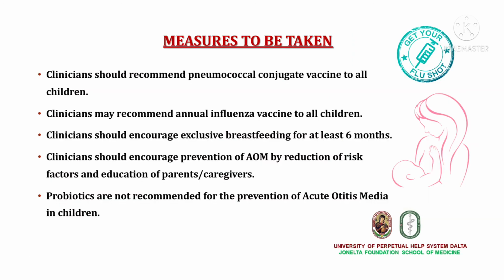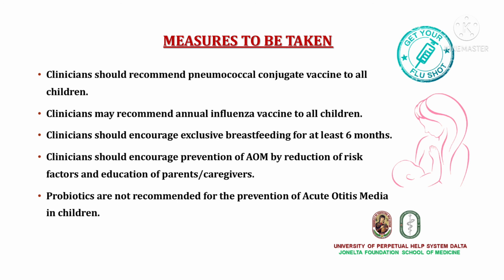So along with the treatment, what are the measures that we have to take into consideration while treating a patient with acute otitis media to prevent recurrence and also to hasten the healing? In this, what we generally do is recommend the pneumococcal conjugate vaccine if the child is not vaccinated, and also sometimes we recommend the annual influenza vaccine to all the children.